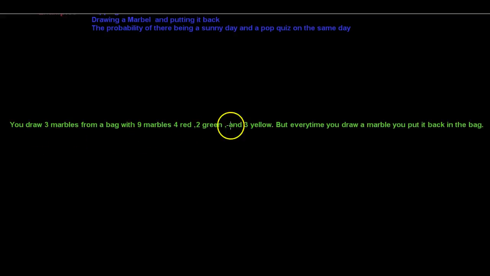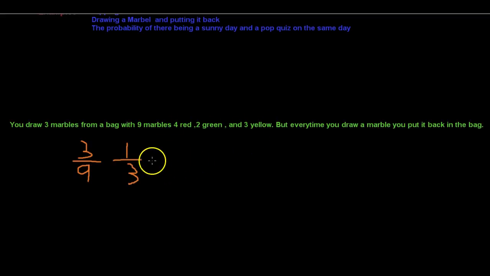So our first chance, we have a 3 out of 9 chance of drawing a yellow marble the first time, or 1/3. So if we were to draw a yellow marble the first time, there was a 1/3 chance, or 33% chance, that we were going to draw a yellow marble.